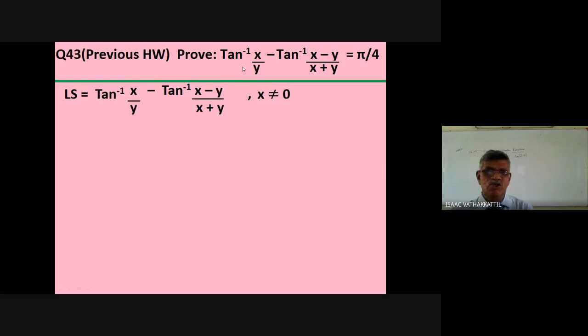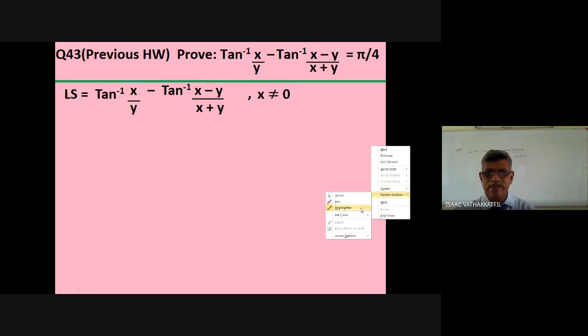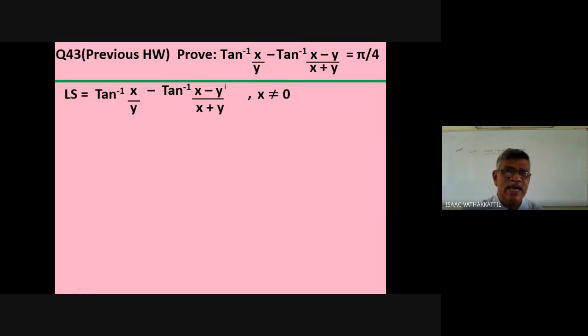When x is not equal to 0, tan inverse x by y minus tan inverse x minus y by x plus y, that is left side. Looking in the second term, what I am going to do is that I am going to divide numerator and denominator with x, so that tan inverse 1 minus y by x upon 1 plus y by x.